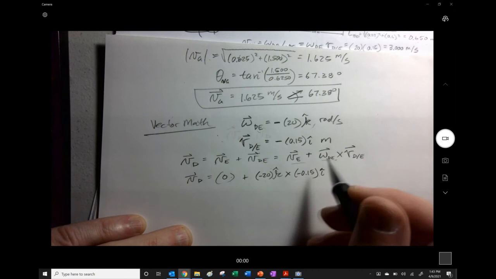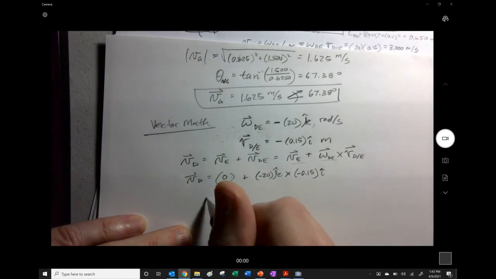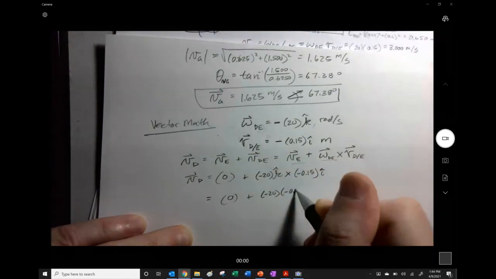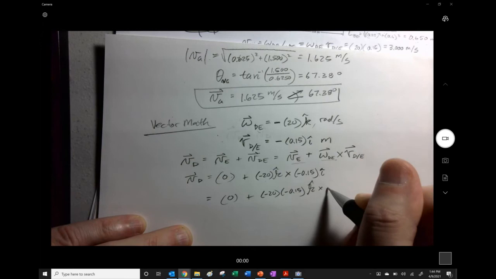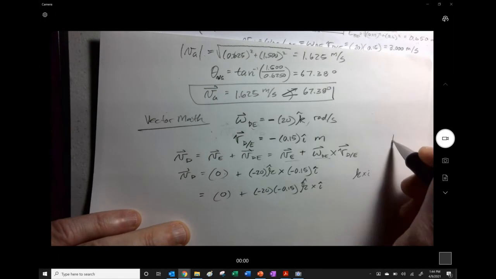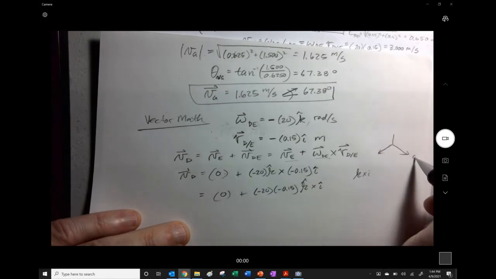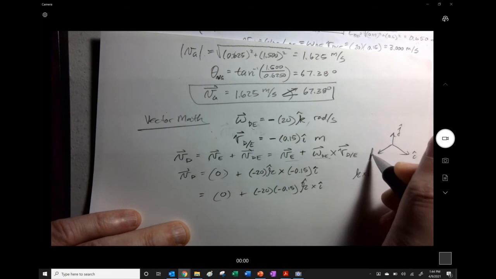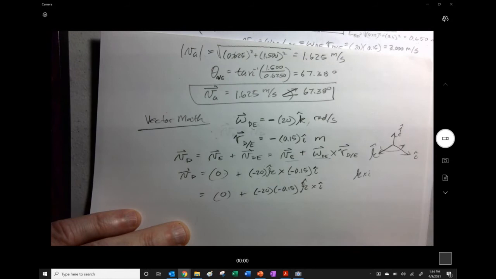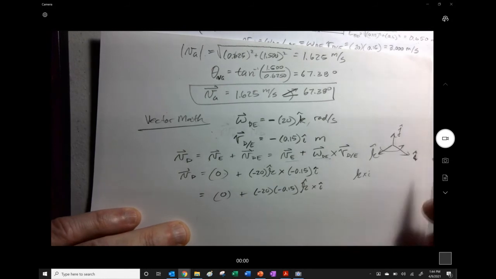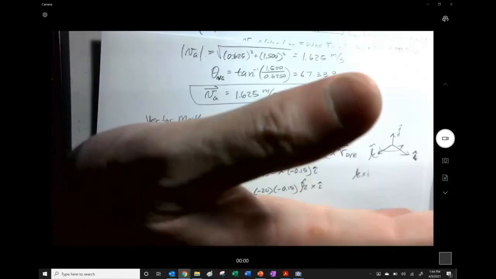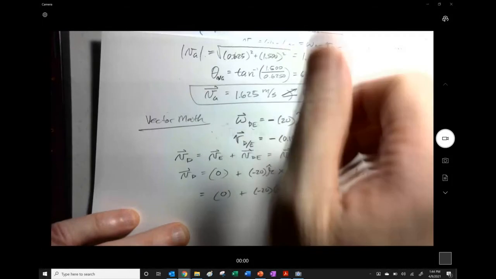And so we could rewrite that as negative 20 and negative 0.15 times K crossed with i, and K cross i. Here's i, j, k. This is the way I usually do it. We use a right-hand rule and cross the K into i, and we get a positive j.